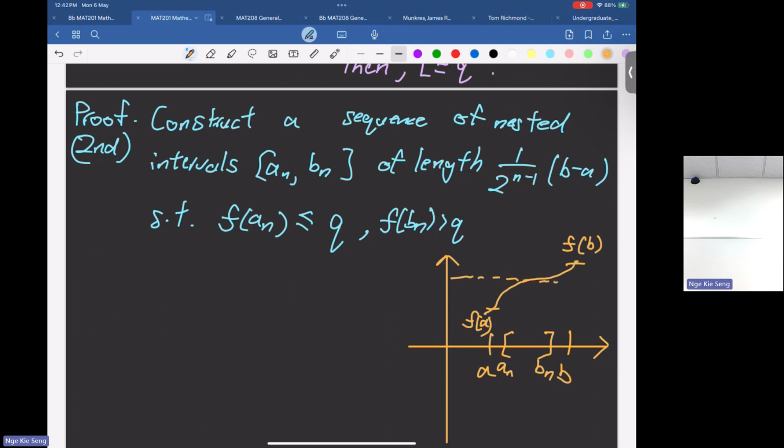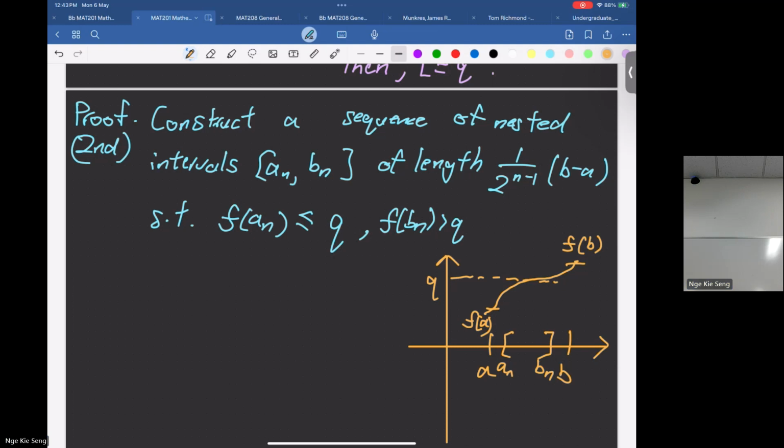So let's say this is my q here. I want to make this interval smaller and smaller around this point. If you have multiple q, you just make this nested interval around one of them.